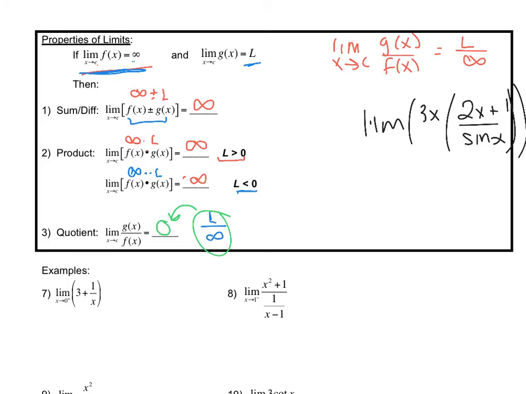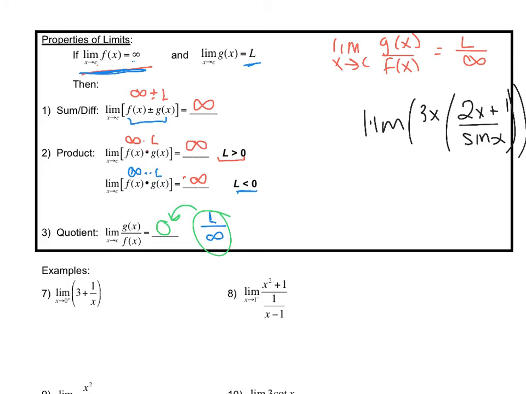So hopefully none of this is surprising or confusing. If it is, give it time to set in. But this is just understanding the way numbers work, especially infinitely large or small numbers.